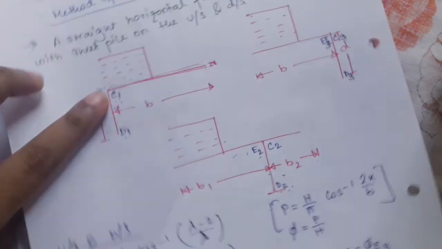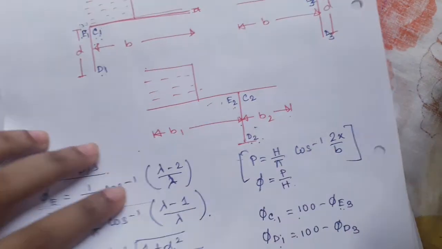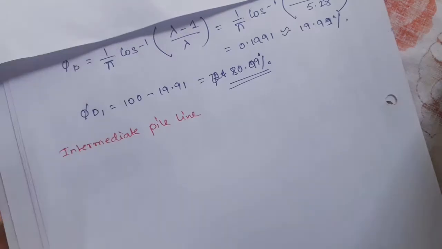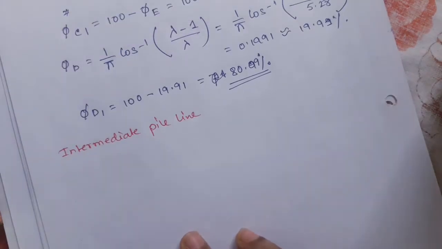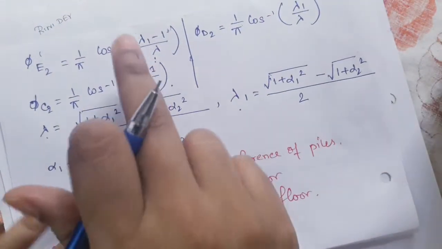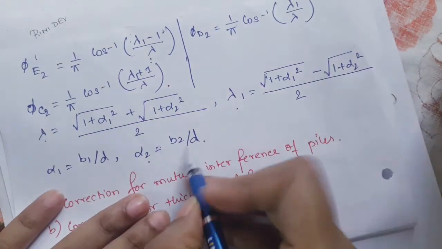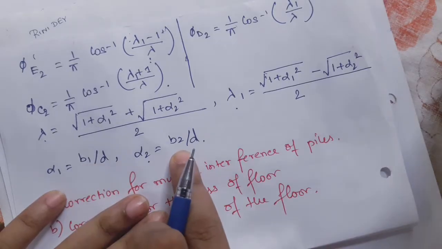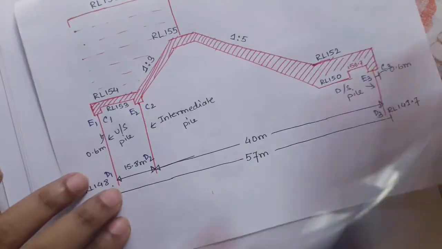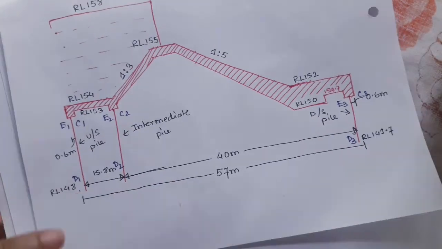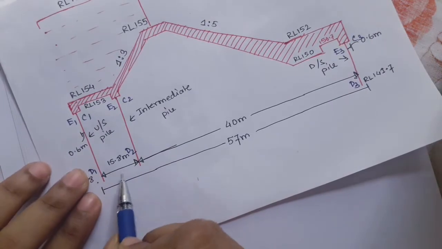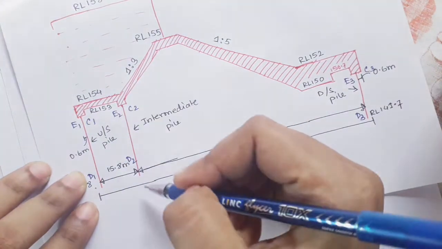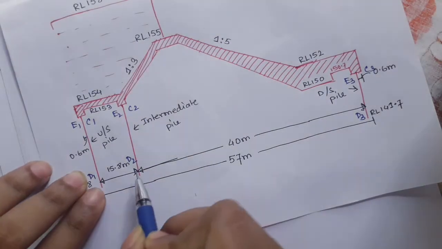Now it's time to get the intermediate pile. Similarly, the intermediate pile equation was this, so we will put the corresponding values in this equation. First we need to know what B1 and B2 are. Since this is the intermediate pile, this is B1 and this is B2.